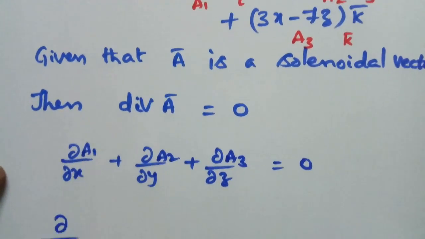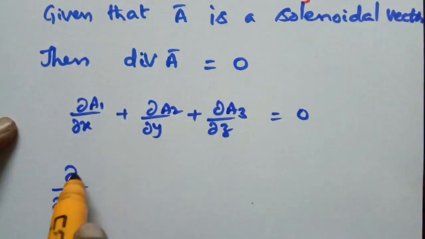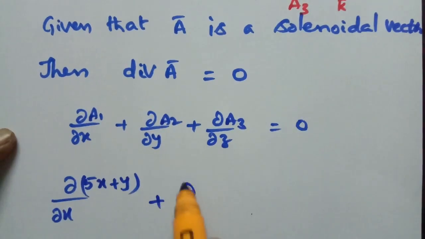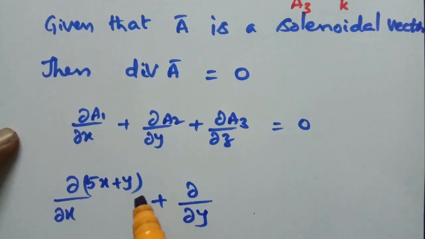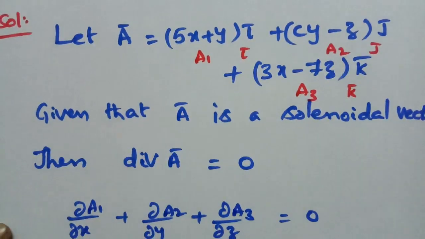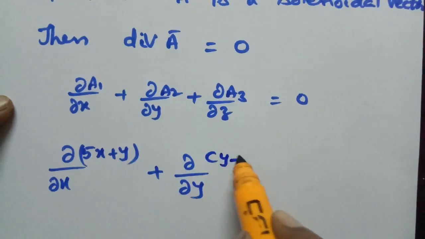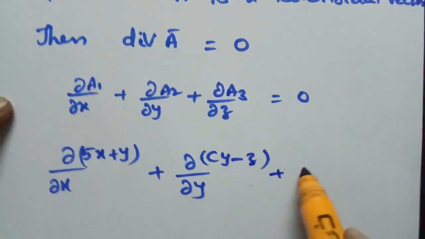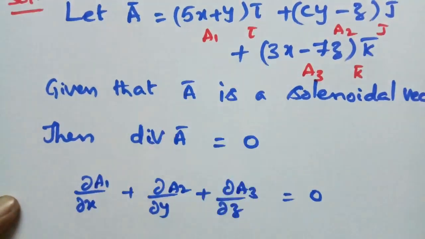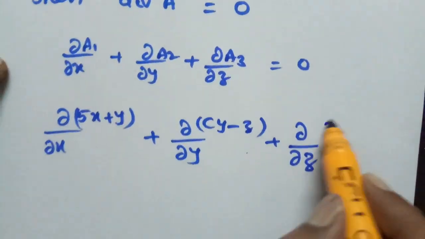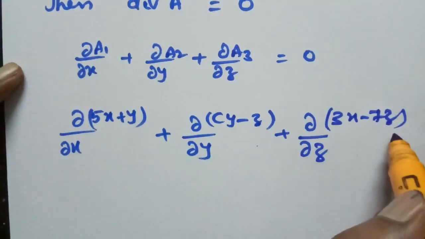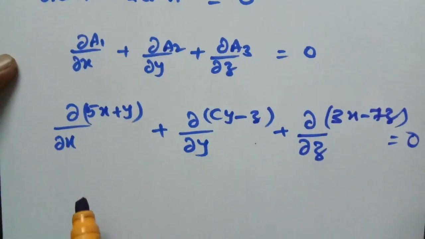That means dou by dou x of a1, 5x plus y, plus dou by dou y of a2, cy minus z, plus dou by dou z of a3, 3x minus 7z. Therefore this is equal to 0.